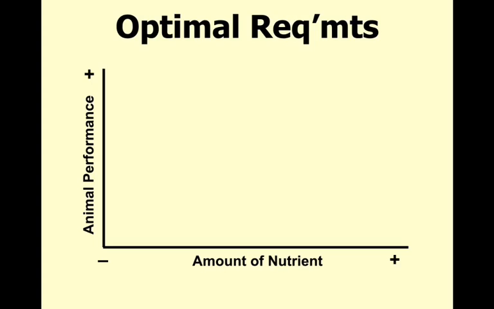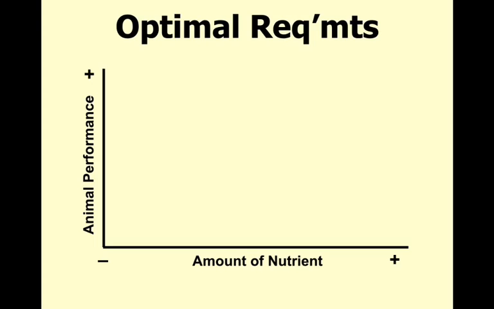Let's take a look. If we were to graph out production from the standpoint of whatever amount of a nutrient an animal needs, and this is going to be a generic graph, we're going to go from low levels of the nutrient to high levels of the nutrient. We're also going to go from low levels of animal performance to higher levels of animal performance. So we could think about things like, say, a lactating dairy cow. Small amounts of a nutrient, say protein, energy, calcium, phosphorus, whatever we want to evaluate, and how does that impact her animal performance?